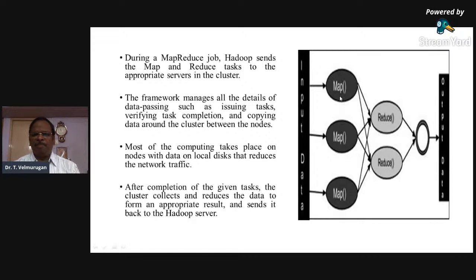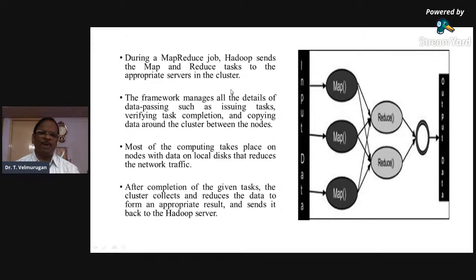The mapper gets input from the HDFS stored files and produces output which goes to the reducer task. The reducer produces output and stores it into the HDFS file system once again. This is the main task.